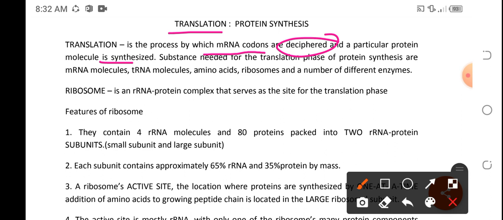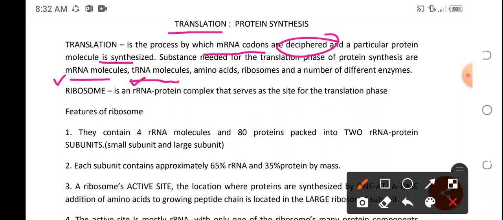Okay, so the substances needed for the translation phase of protein synthesis are mRNA, na-discuss na natin to, and tRNA. We have known that tRNA will be the one transferring the amino acid during protein synthesis.